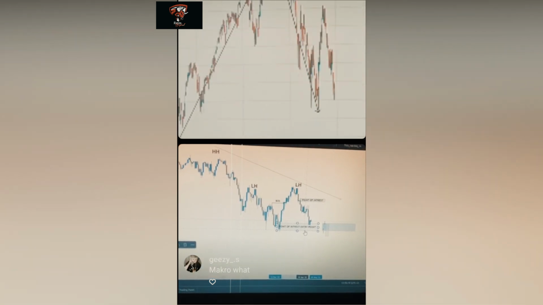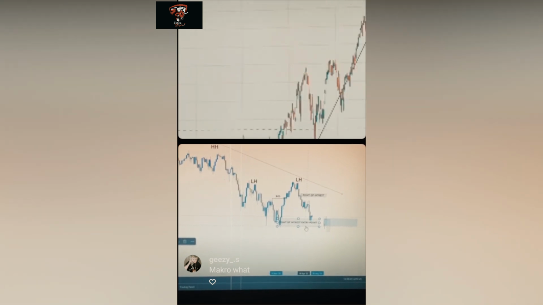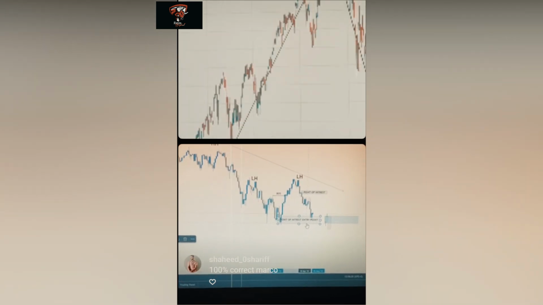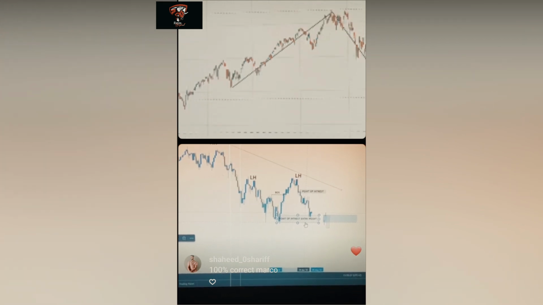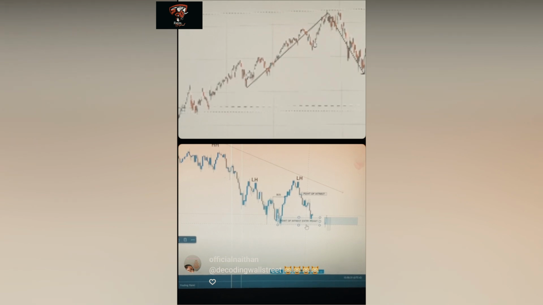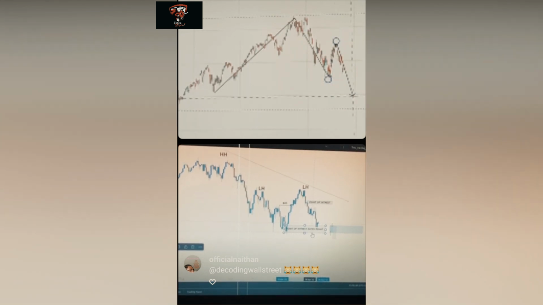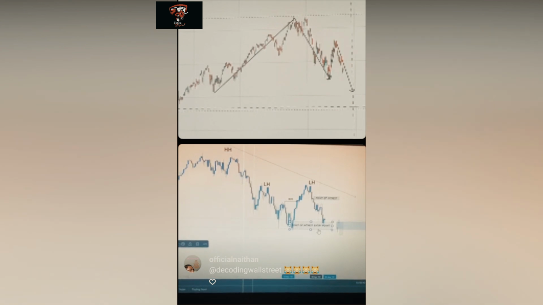Hold on. Move that back. There. Price made this high, and then price made a low, but now price has failed that high. So because price has failed that high, price would then take out the low. You get me? Yeah, I understand.